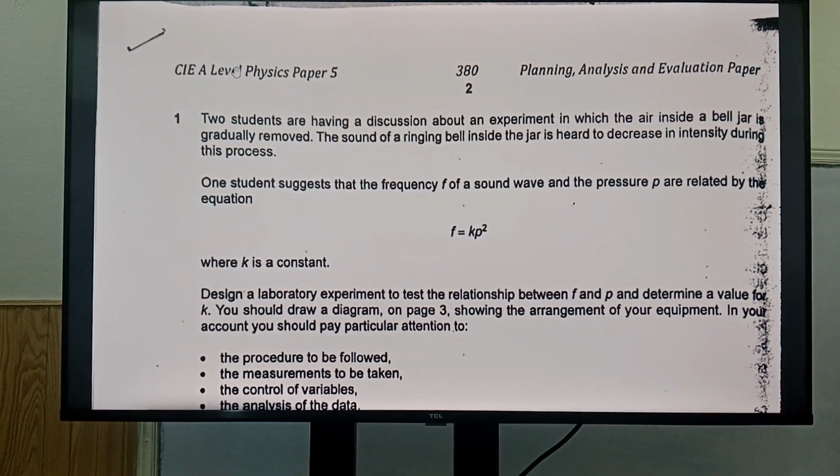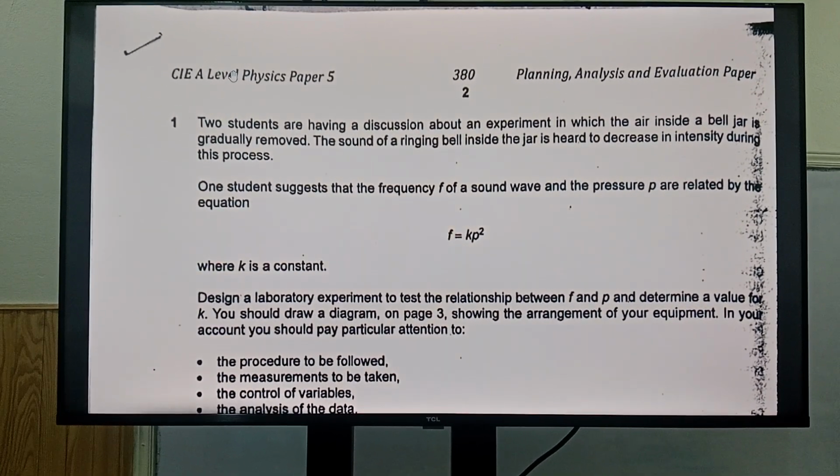First, you quickly go through the question itself. This is typically what they provide in question 1. For example, they are informing us about two students who are having a discussion about an experiment in which the air inside a bell jar is gradually removed and the sound of the ringing bell inside the jar is heard to decrease in intensity during this process.